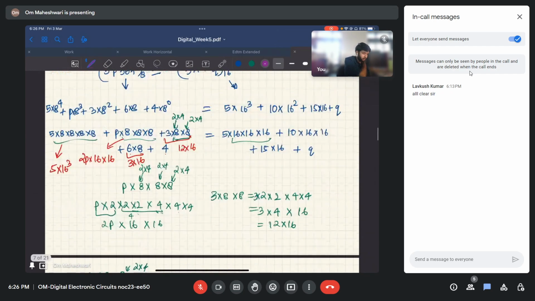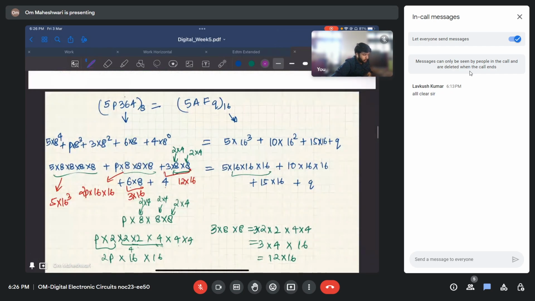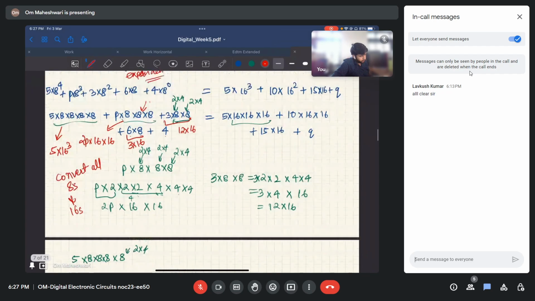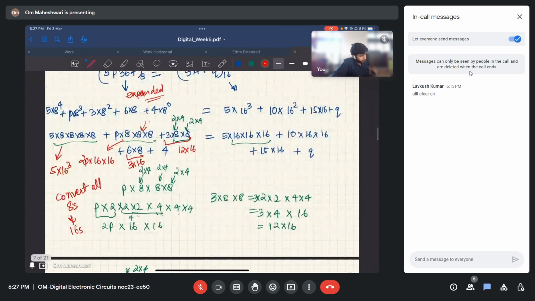So I'll repeat once more what we did. First, we expanded M, then converted all the 8s to 16s so that we can compare LHS and RHS.